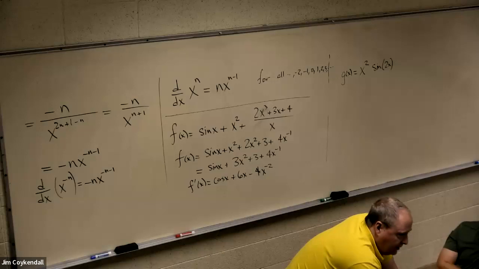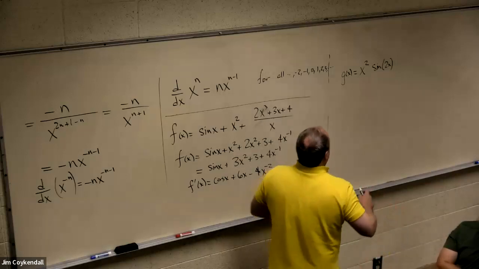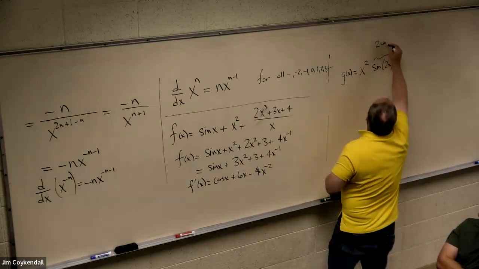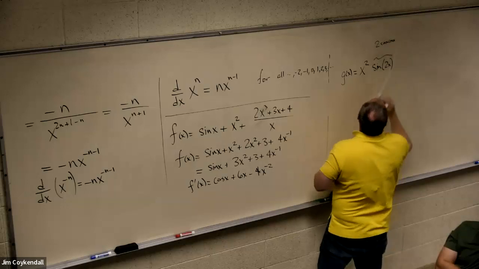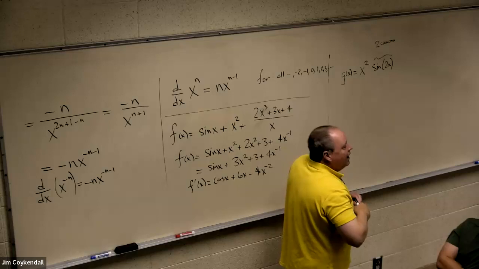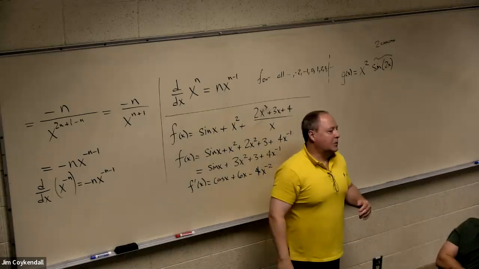Anybody get out of this? Oh, you have to rewrite sine 2x. There's some trig identity in there, right? This is actually 2 sine x cosine x. Okay. Let me rephrase the question.